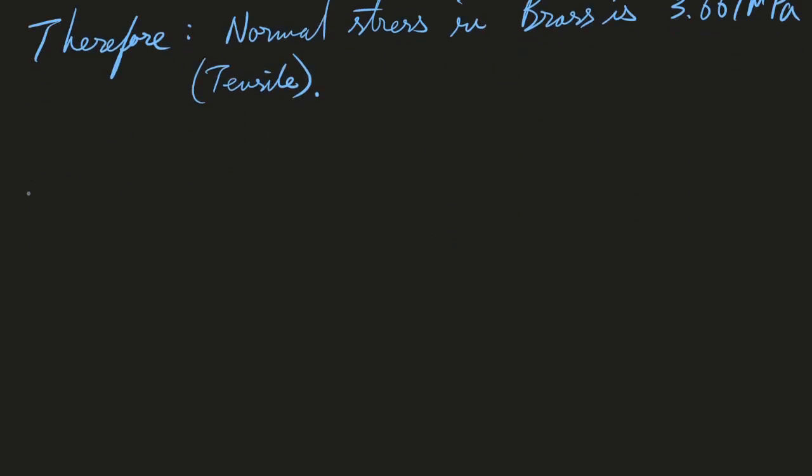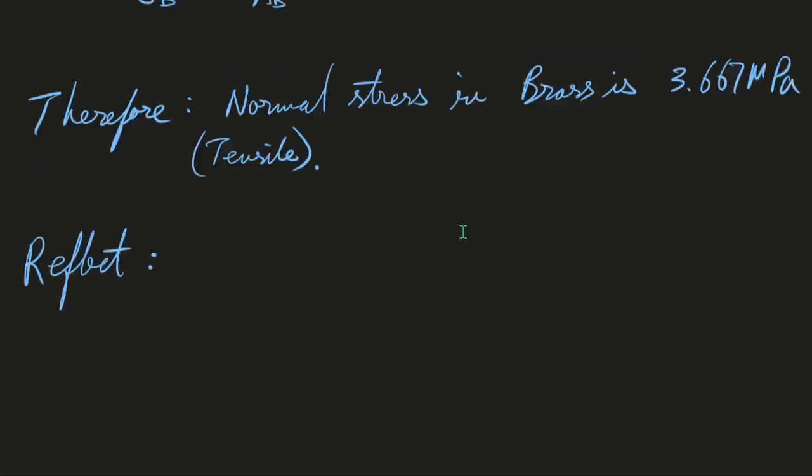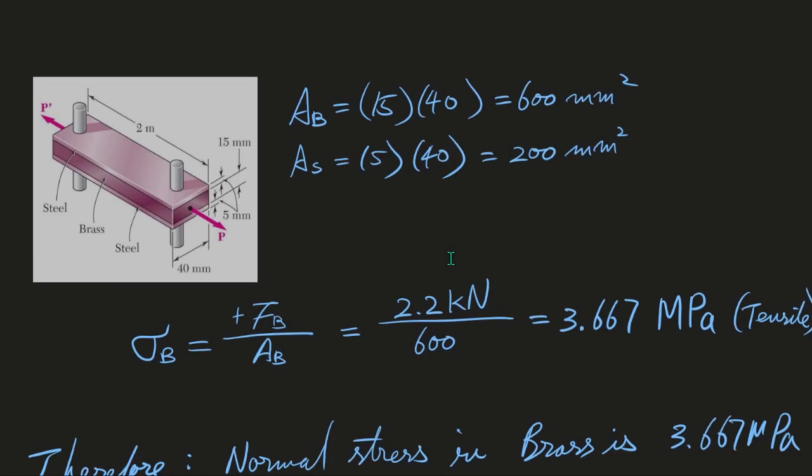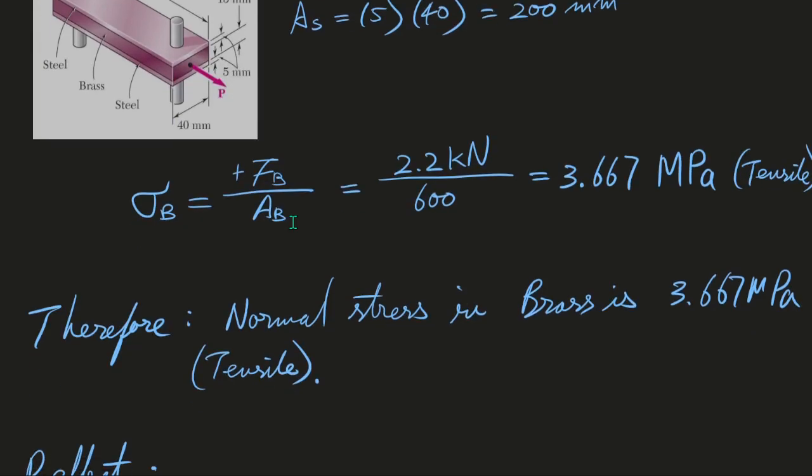Okay, last step is reflect. What do we notice here? We worked off the assumption that the steel is not strong enough to pull everything back and make the brass be in compression. We're assuming that P was strong enough that steel didn't really have the ability to stretch everything back.